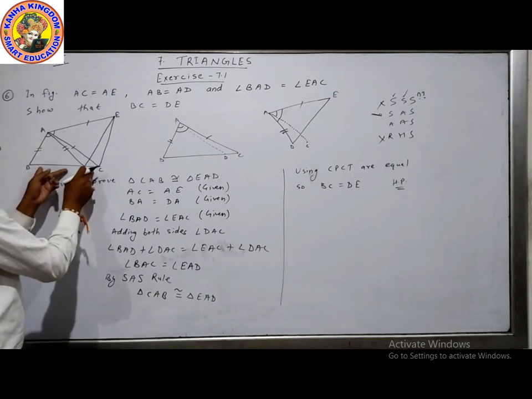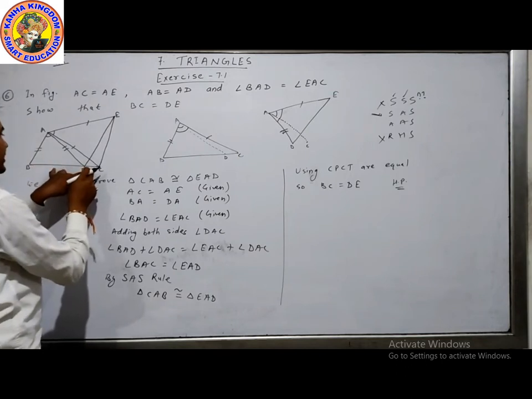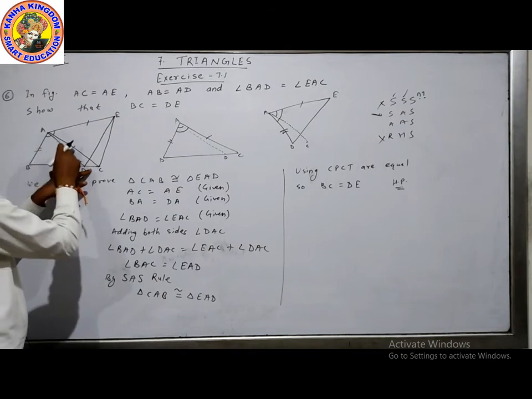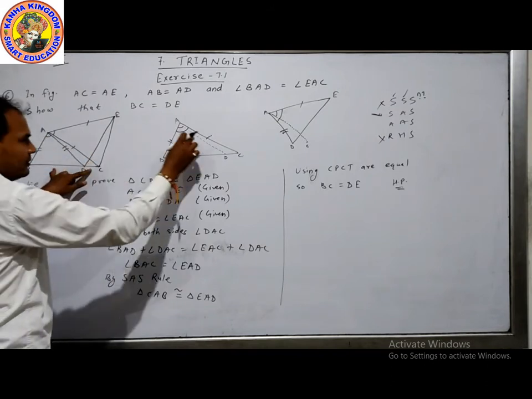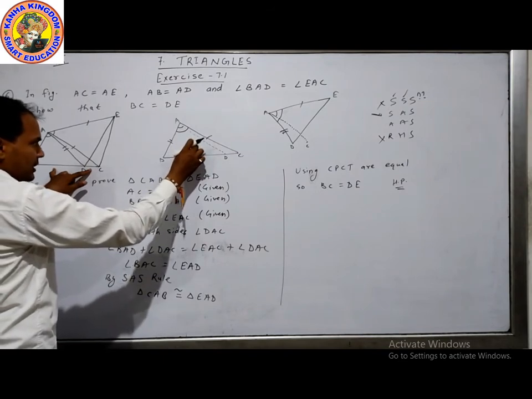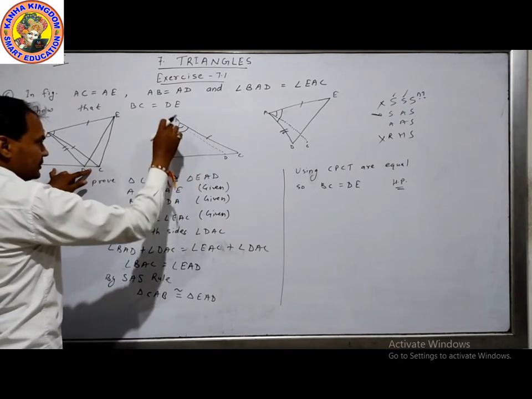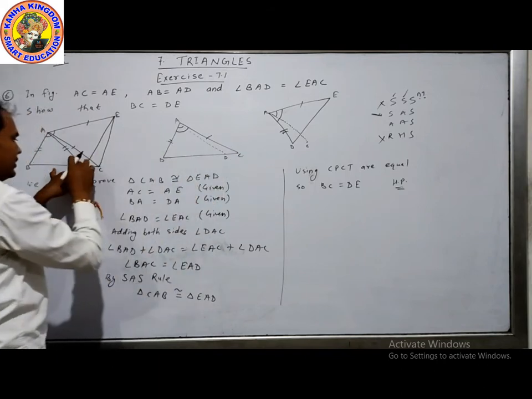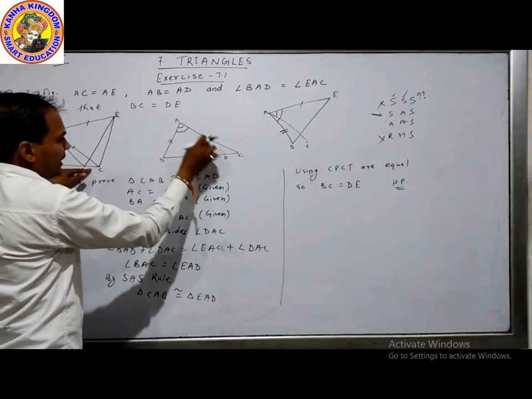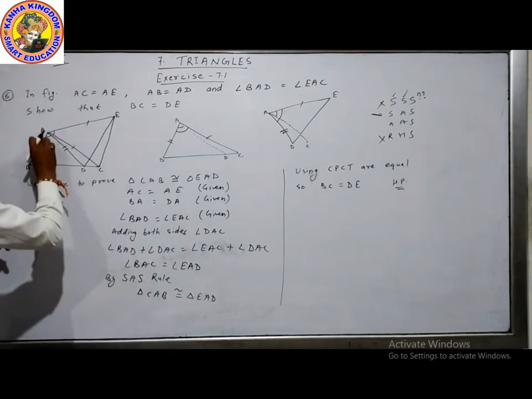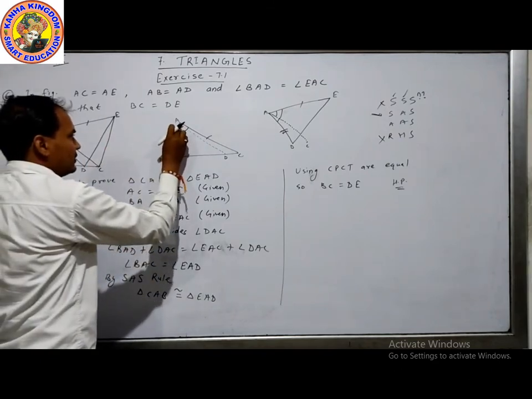Using BC we draw triangle ABC. We move from the outside of the diagram, A, B, C. There is a point D, we draw a dotted line to point D. This one angle is equal.